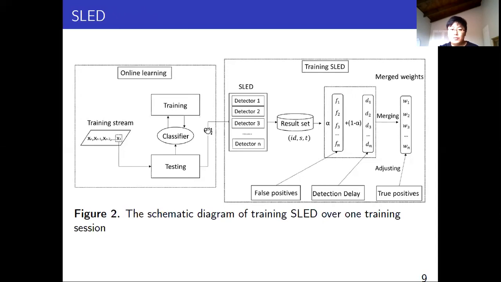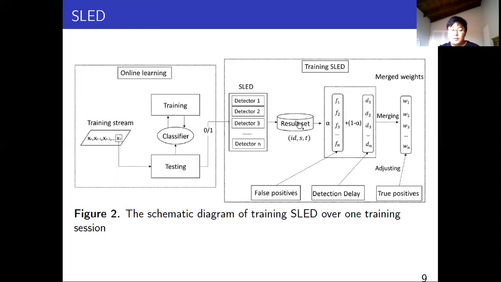These classification results will then be fed to each of these base detectors in SLED to get the detection results. The obtained detection results will be stored in this result set as a series of triplets, where ID represents a particular detector, S represents the detection status of the detector, and T represents the time when the detection happens.